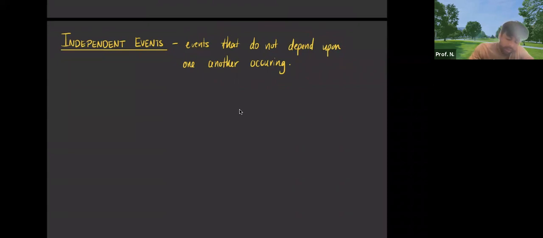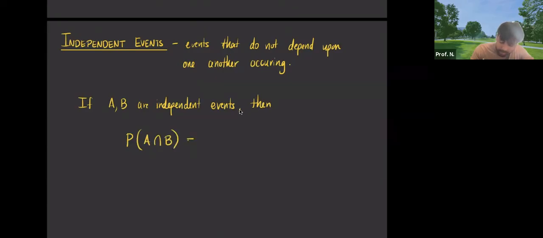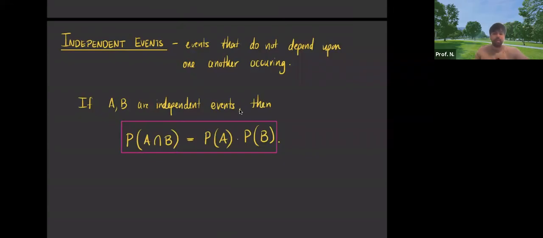What do you mean by an event not depending upon another event? So if A and B are independent events, then the probability of A intersect B happening is equal to the probability of A multiplied by the probability of B. That's what it means.